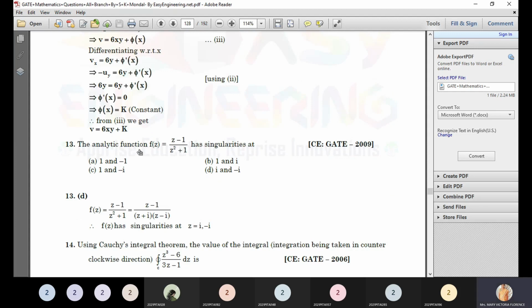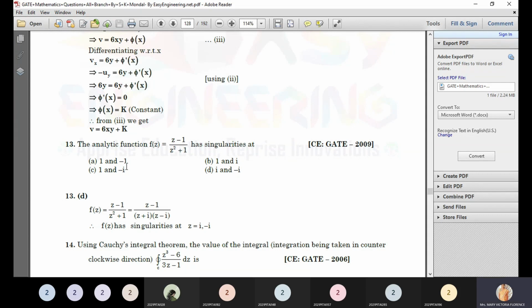Now singularities. Singularities means we have to substitute the denominator value equal to 0 and find the value of z. Question is, the analytic function fz is equal to z minus 1 by z square plus 1 has singularities at what points?